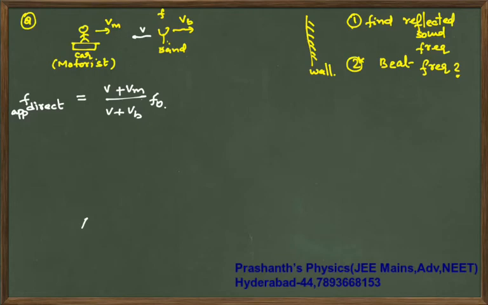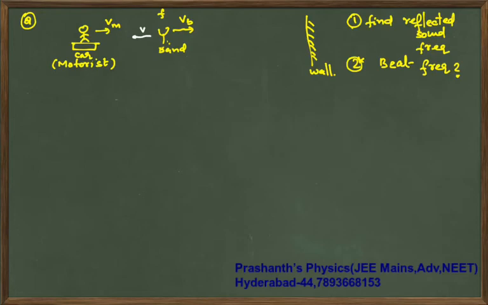Because the band is moving in the same direction, this is what the motorist receives directly, sound traveling from band to the motorist. Everything is perfect. This you have to substitute in beat frequency later.